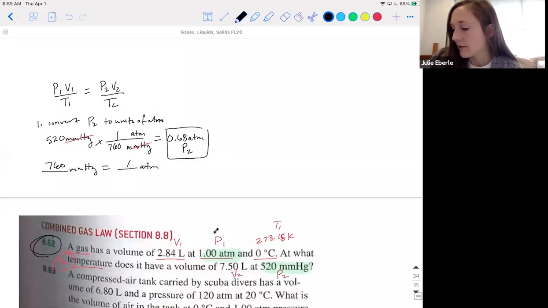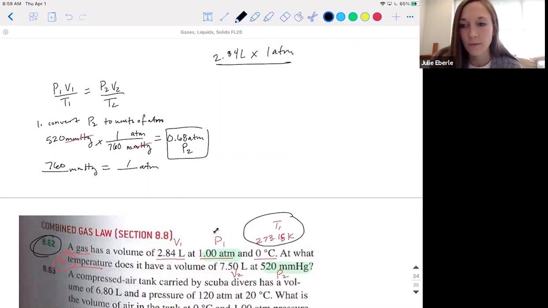Okay, so now we're just going to plug everything else in. So V1 is 2.84 liters times our P1, 1 ATM. I know I mix these up. Usually it's P1, V1. It doesn't matter as long as you're multiplying those two on the top, okay? T1 goes on the bottom. What's T1? We already converted it to Kelvin. It's 273.15 Kelvin.